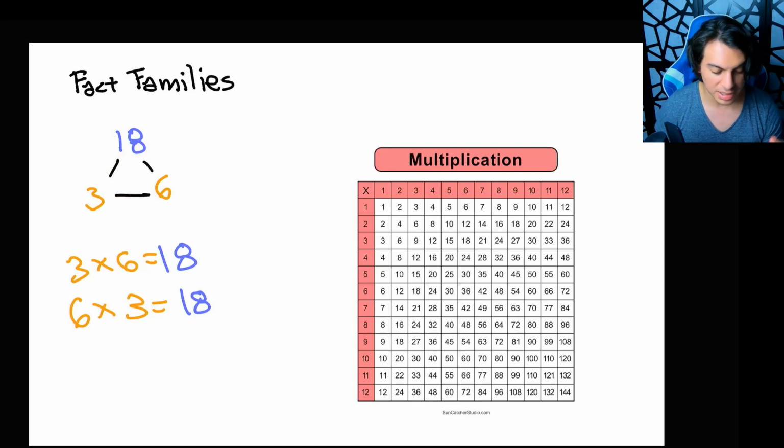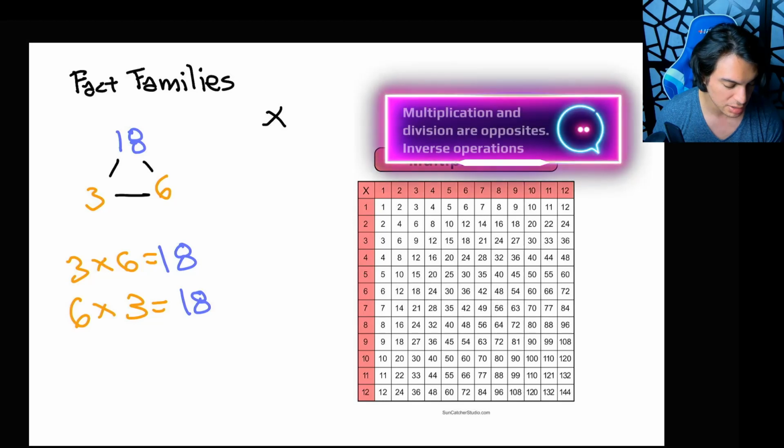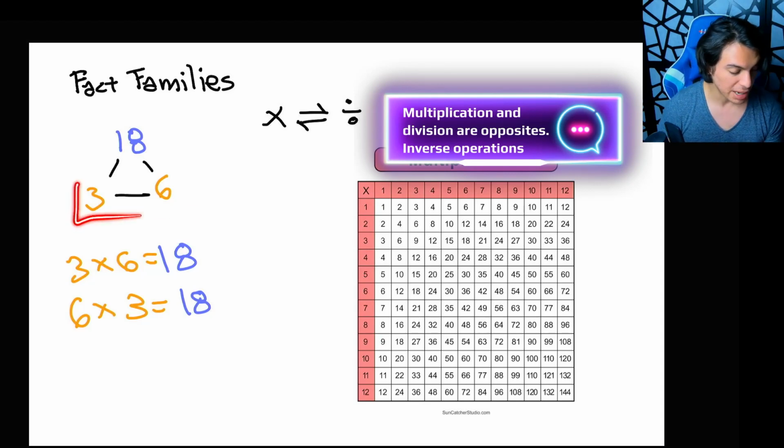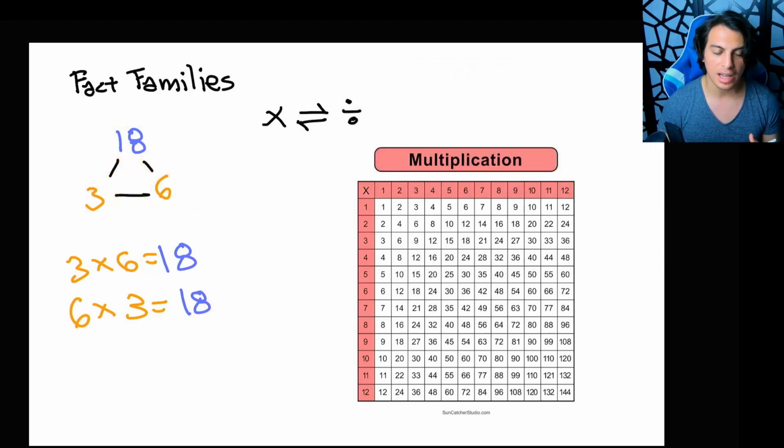I want you to keep in mind, here's the other really cool part: multiplication and division are opposites of each other. So if I know my fact family for 3 times 6, if I know that that's 18, I can do the exact opposite and find the division number sentences that match it.